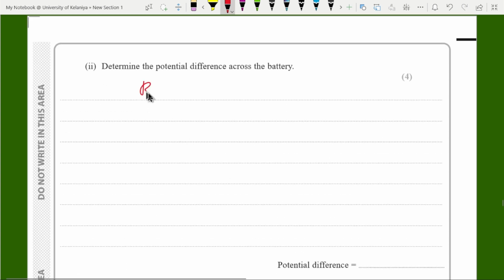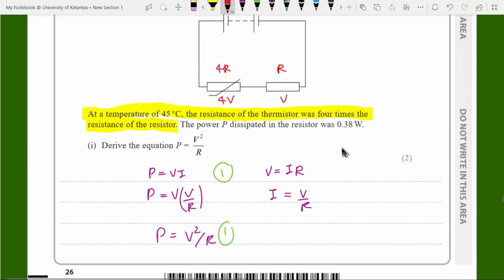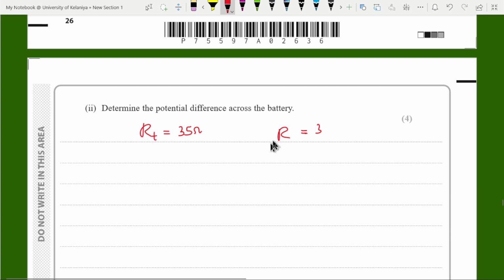The resistance of the thermistor is 35 ohm, and according to the data they have given, the resistance of the wire is 35 over 4, because the resistance of the thermistor is 4 times the resistance of the resistor at 45 Celsius. So it is 35 ohm over 4, which gives 8.75 ohms.